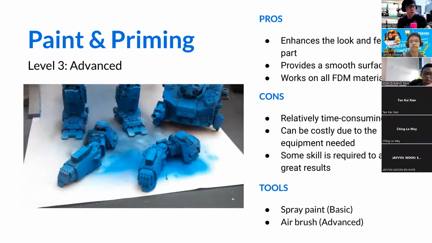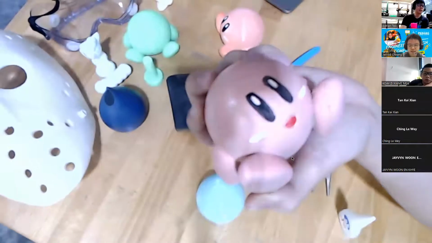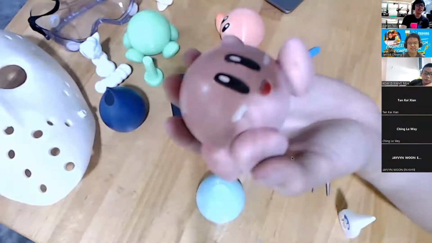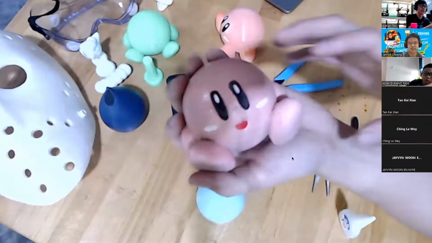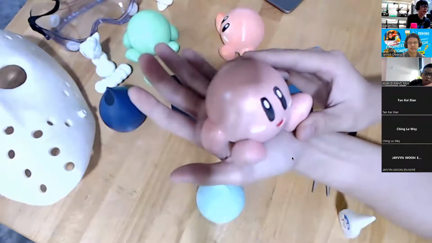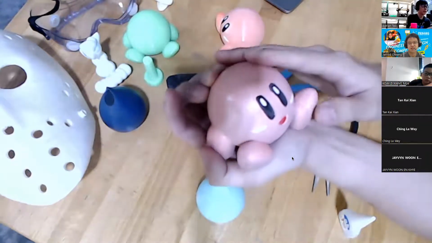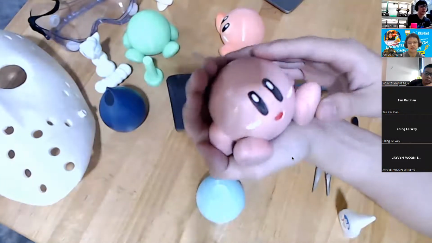I have a sample here. This is a poor Kirby, because it was being rushed. While I created this, I rushed the steps. I did priming, painting, sanding, filling, all these steps, but I rushed it.